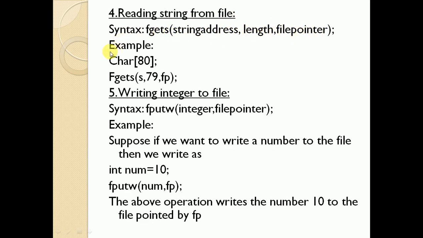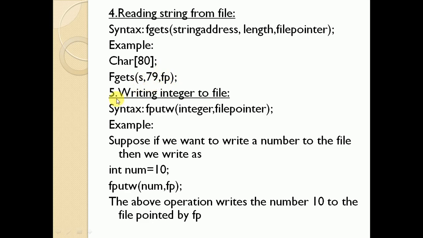So let's see this example to understand that. First we take a character array s, then fgets, s, comma 79, comma fp. Why are we reading 79? Because the characters always go from 0 to 79, meaning the string we are reading is stored in this s parameter which is being pointed to by this file pointer.